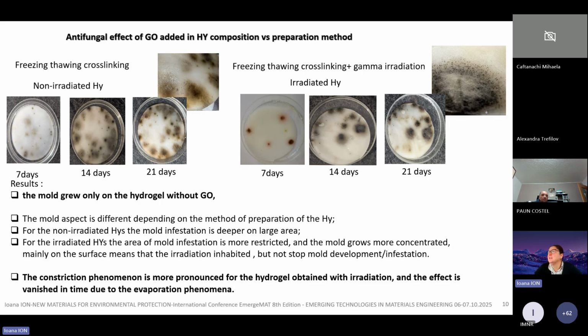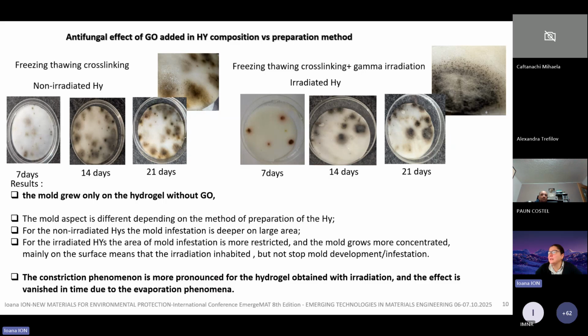In the picture from the back, a macro of the hydrogel with the infested zone is presented. They look very different for the irradiated and non-irradiated samples. In which way?